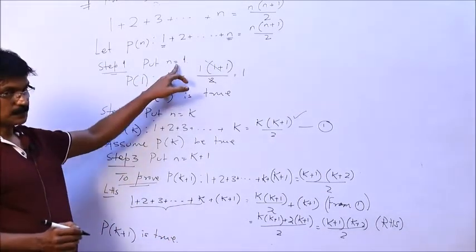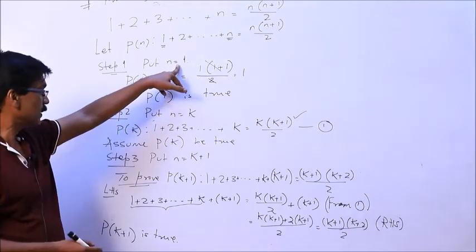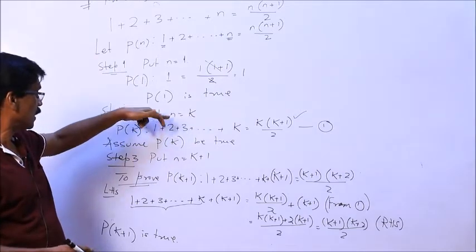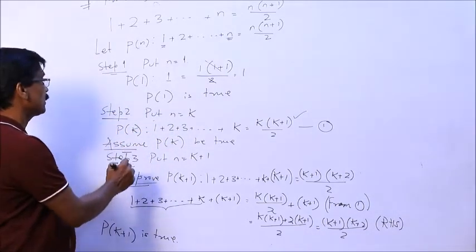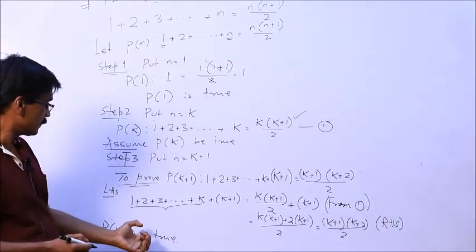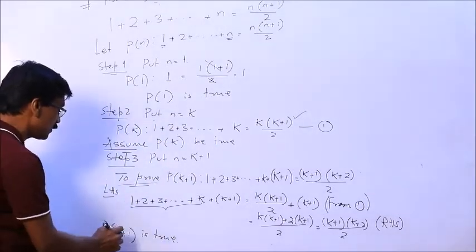So, the first step we have to verify it is true for n is equal to 1. Second step, assume it is true for n is equal to k, and third step, it is true for n is equal to k plus 1.